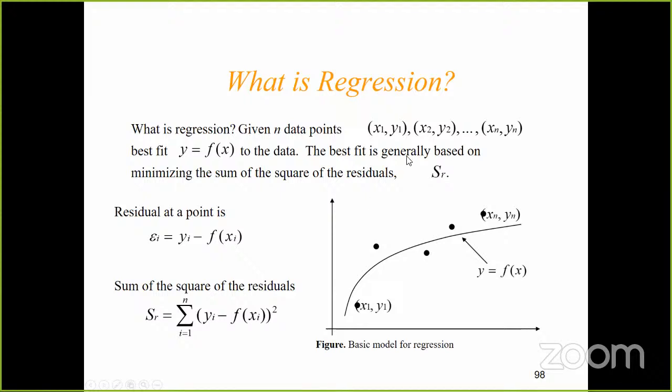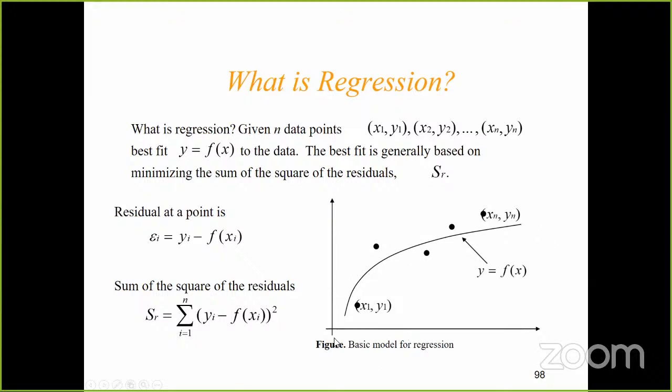The best fit line is generally based on minimizing the sum of the squares of the residuals. For example, the deviations r1 square, r2 square, r3 square, r4 square. If the summation is minimal, then that is the best one.